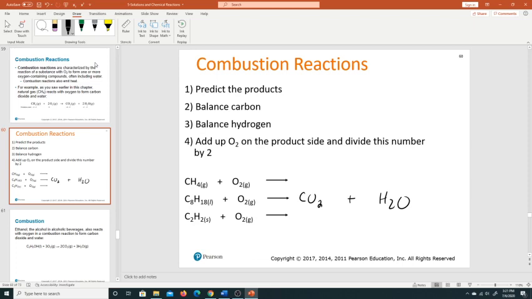So this is also a big example of redox. If you look at just the oxygen portion, oxygen on the left side has an oxidation state of 0. On the right side it is -2 for both of those. Let's see, carbon and H. H has an oxidation state of +1.